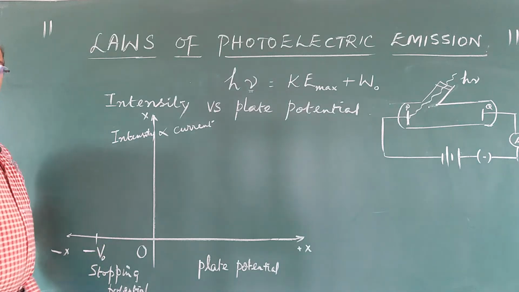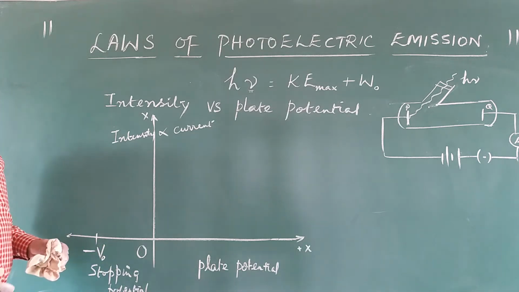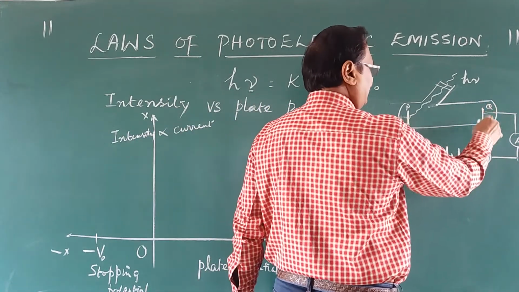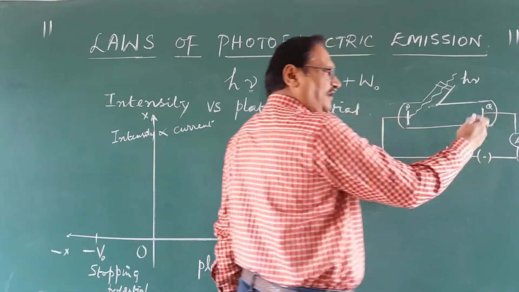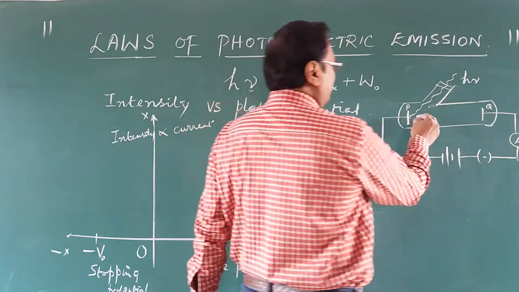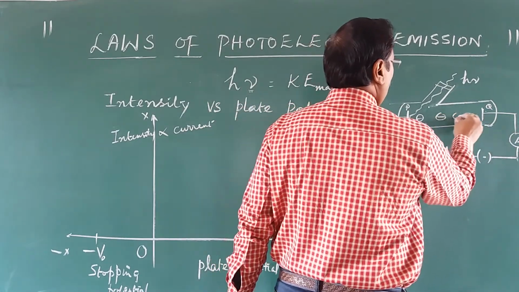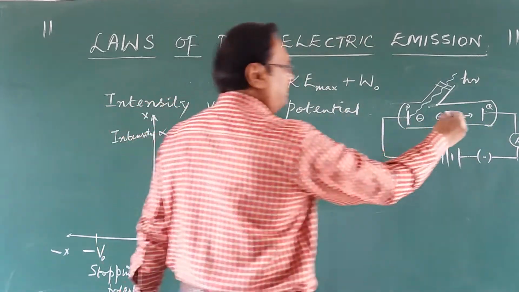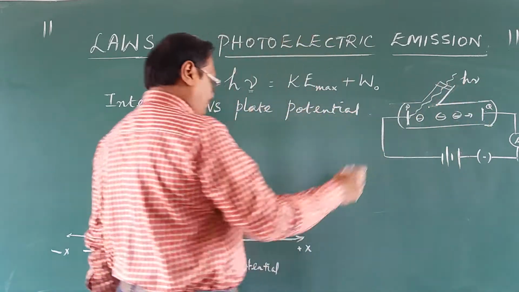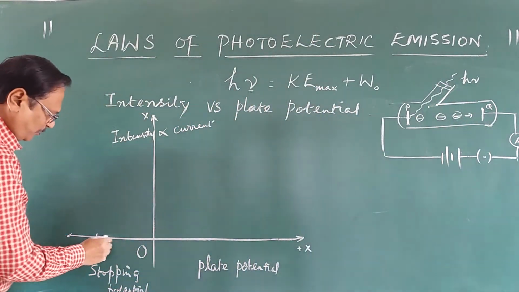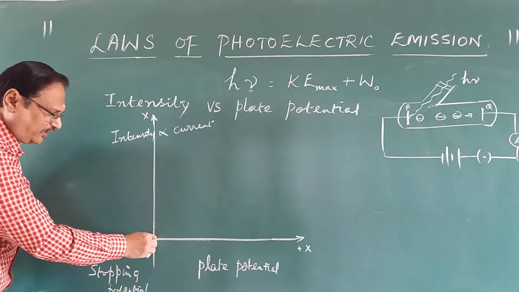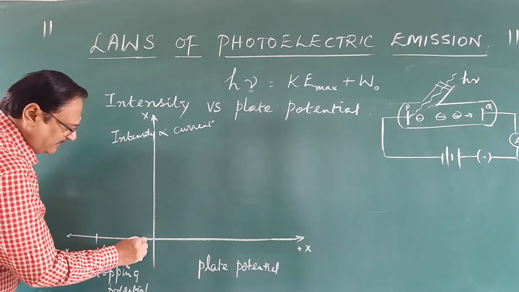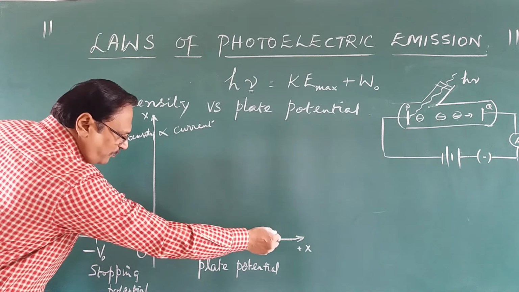When I make this Q negative, the electron coming is also negative, right? Negative, negative will repel. So I am going to make the plate positive. When I make it positive, we come to zero potential and I go to positive values. Yes, less negative, then zero, and more positive.